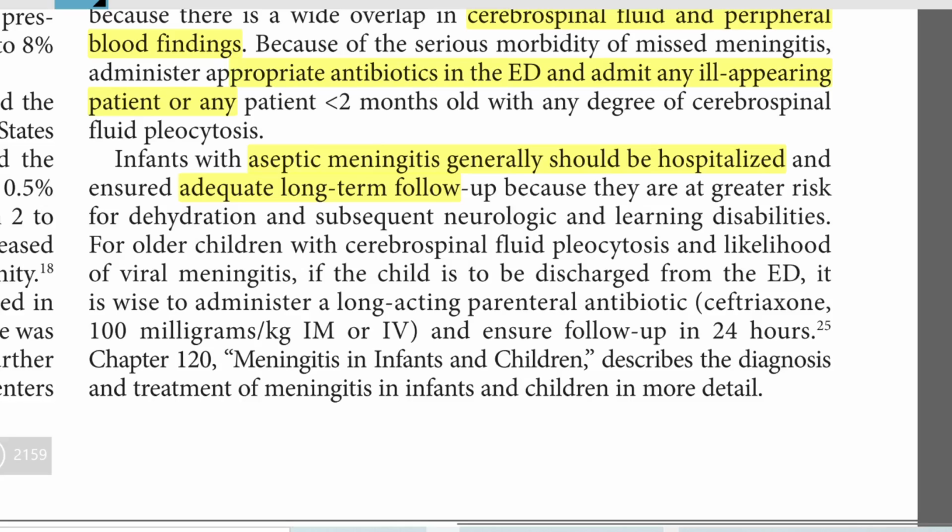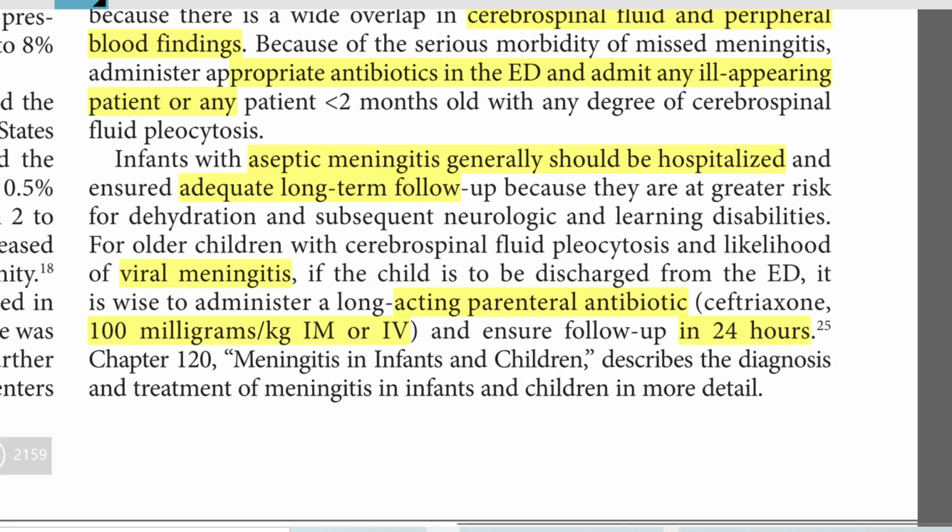For older children with CSF pleocytosis and a likelihood of viral meningitis, if the child is to be discharged from the ED, it is wise to administer a long-acting parenteral antibiotic like ceftriaxone, 100 mg per kg IM or IV, and ensure follow-up in 24 hours.